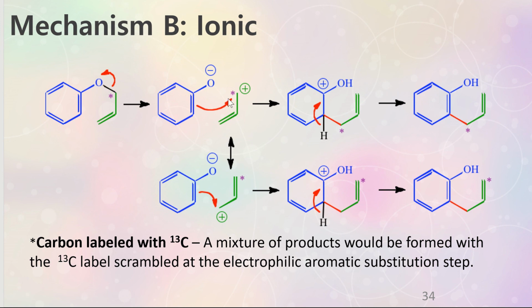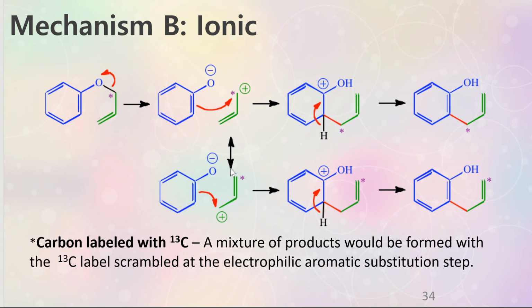If this carbon-oxygen bond breaks, then the attack can either happen here at this carbon or here. So we're seeing an example of both attacks. In the upper reaction, it happens at this carbon, and in the lower reaction, it happens at the other carbon that is not labeled with carbon 13.